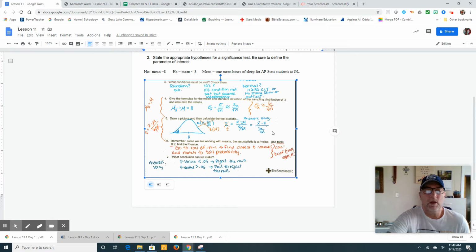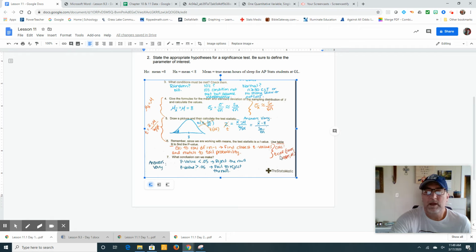All right, so anyways, we found our t-value here, and I'll show you how to do that in just a minute. Remember, since we're working with means, the test statistic is a t-value. So we can use Table B or we can use our calculator. You can see here that we can go to our degrees of freedom, n minus 1, and find the closest t value.